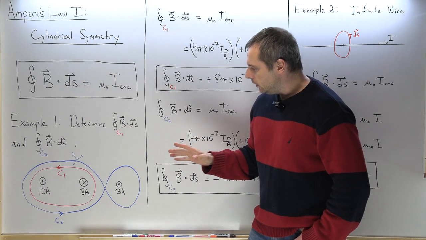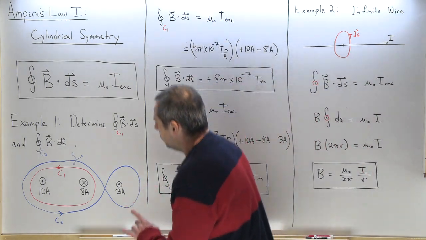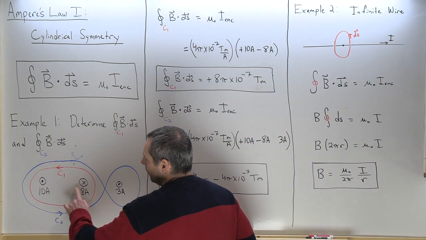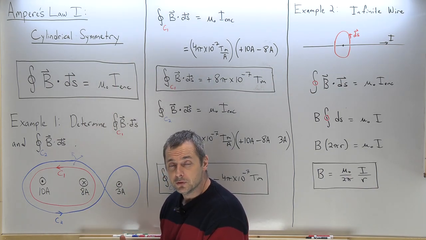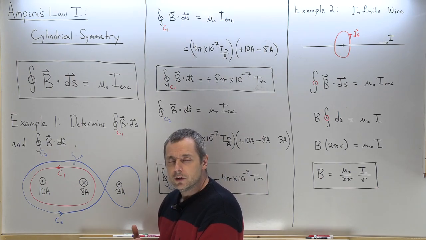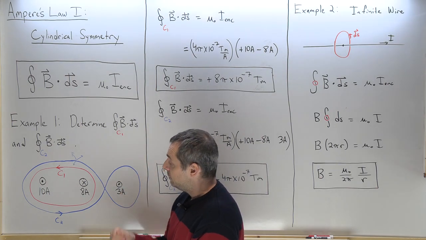Now, what's the I enclosed? Well, we've got 10 coming out of the board, 8 going in. So obviously, we're going to subtract these two because they're in opposite directions. But which do we consider positive in our Ampere's law?